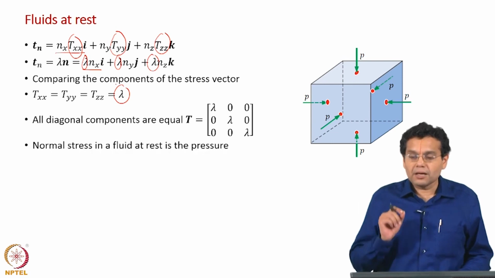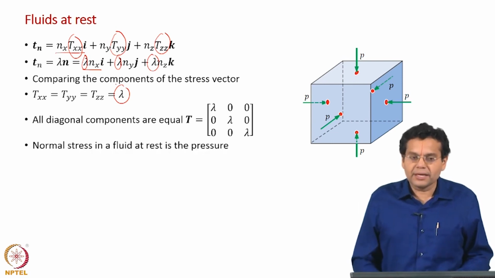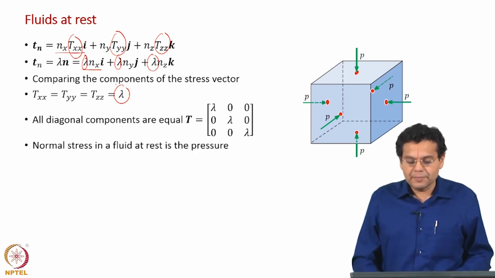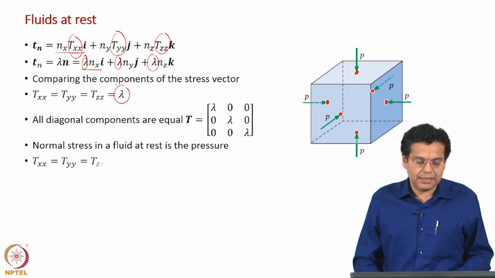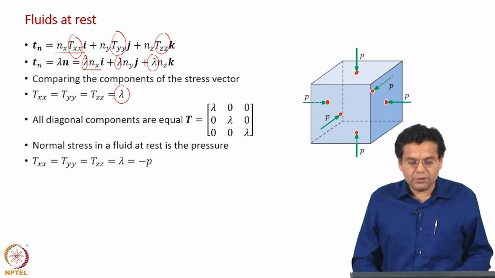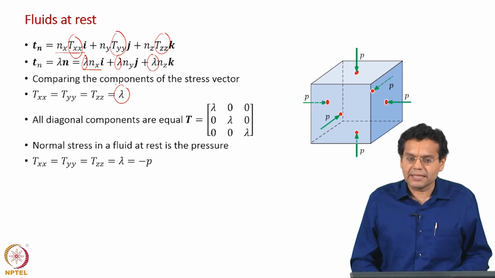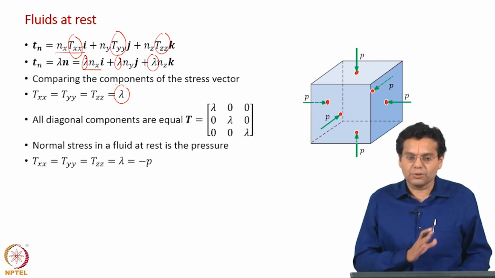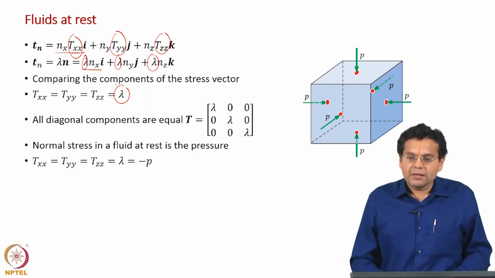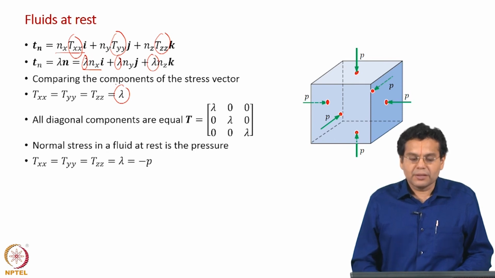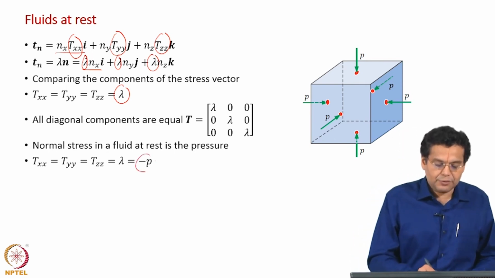Now, the normal stress in a fluid at rest is the pressure, and so Txx is equal to Tyy is equal to Tzz is equal to lambda. Pressure we denote by small letter p throughout the course, and this p is the thermodynamic pressure, exactly what I came across in the thermodynamics course, no difference at all. We have seen pressure is compressive, and so it is negative, minus p.